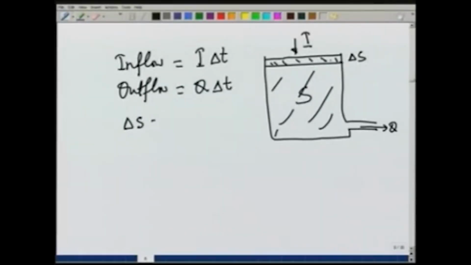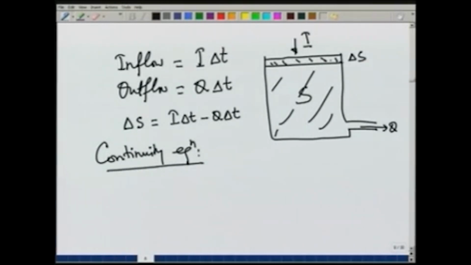So, we can write this, and then if we take the limit as delta t tends to 0, we get the differential equation of continuity, commonly known as the continuity equation or the mass balance equation, which tells us that dS by dt is equal to I minus Q.